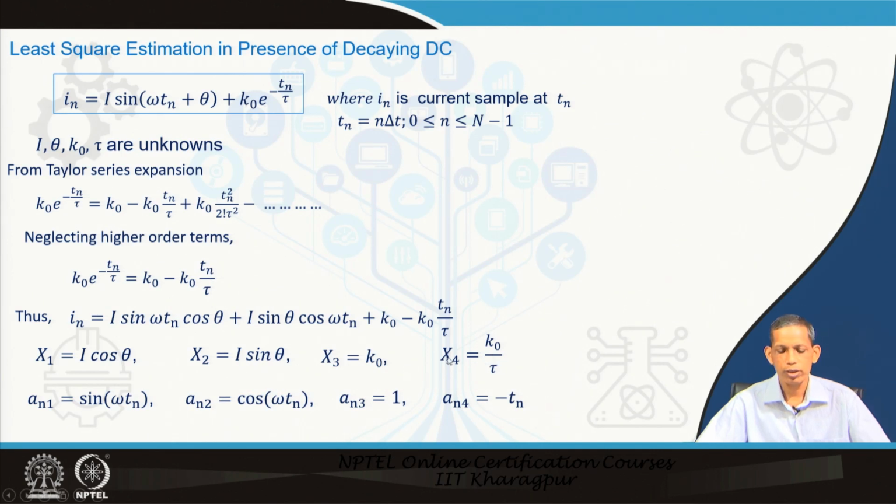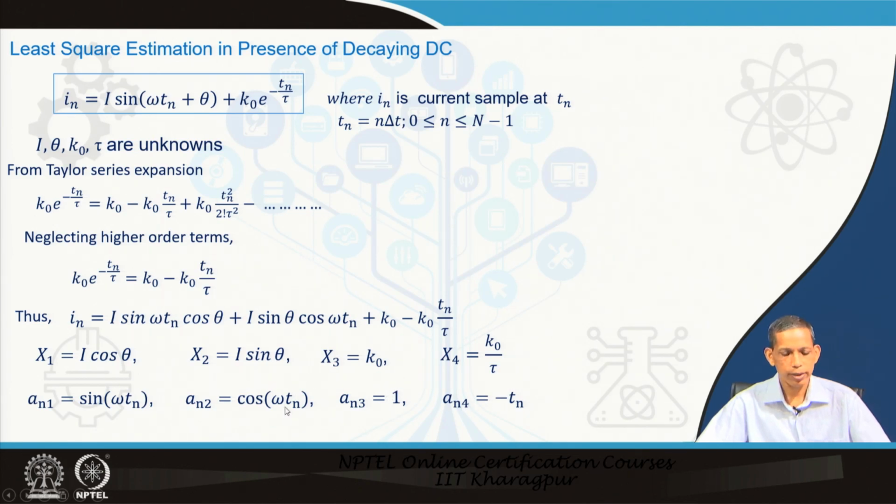Agree? So, these are the four unknowns in this signal we would like to estimate in our least square formulation, and the corresponding A coefficients for this signal model are sin omega t n, cos omega t n, 1 for this, and minus t n.